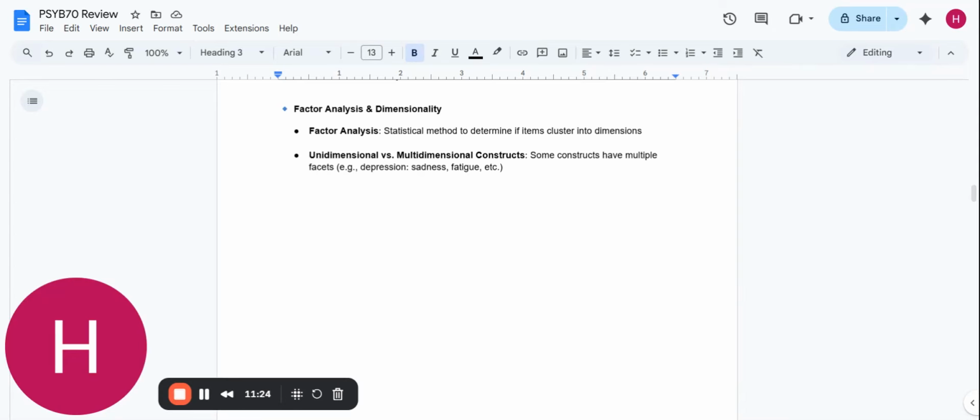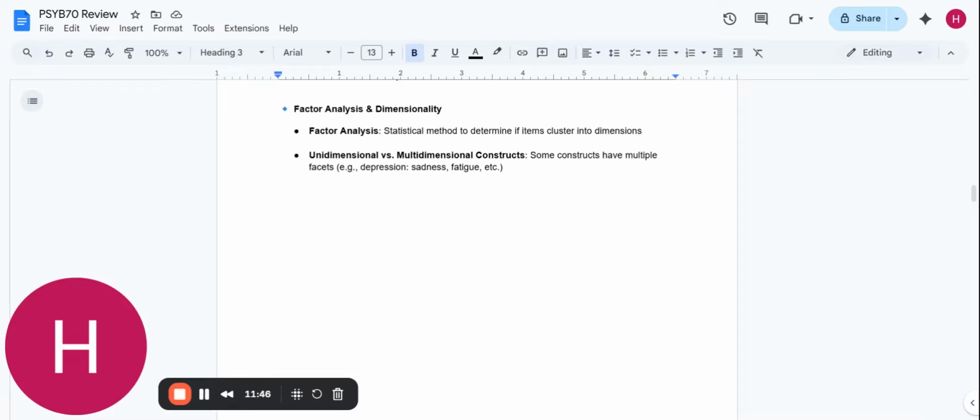Now let's move forward to factor analysis and dimensionality. Factor analysis is a statistical method that shows us if items group into factors, helping us know if a construct is unidimensional or multidimensional. Different items may cluster into the same dimensions or may not.